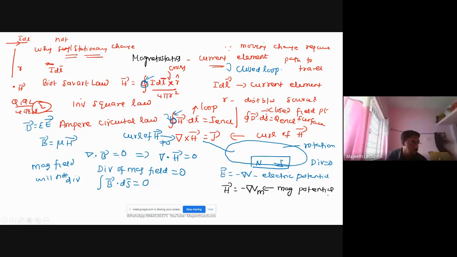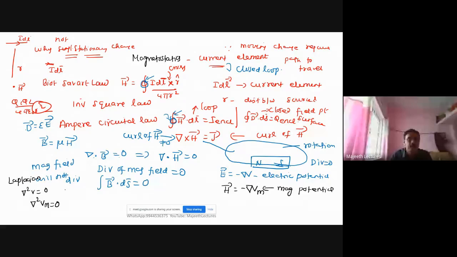So Vm, we know, is a magnetic potential. We had the Laplace equation for the electric field, del squared V equals zero. Similarly, the Laplacian for the magnetic field is del squared Vm is equal to 0.